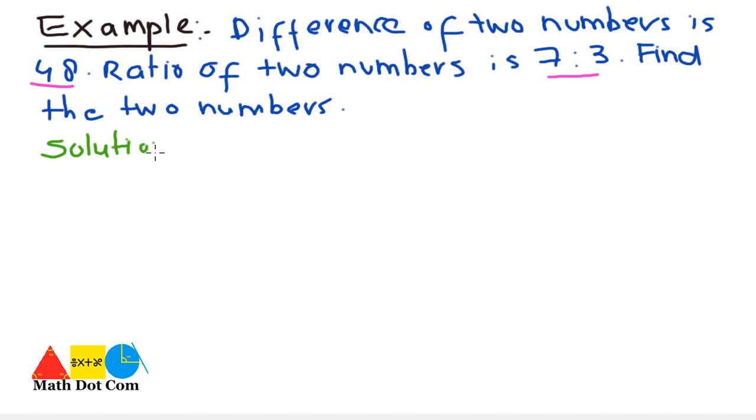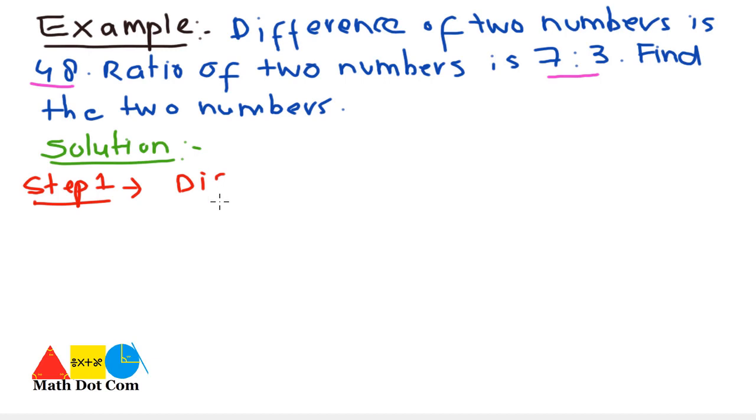We will find the two numbers by following the four steps as we discussed at the very start. Our step 1 is to see what is given and what is unknown. We are given the difference of two numbers and the ratio of two numbers.